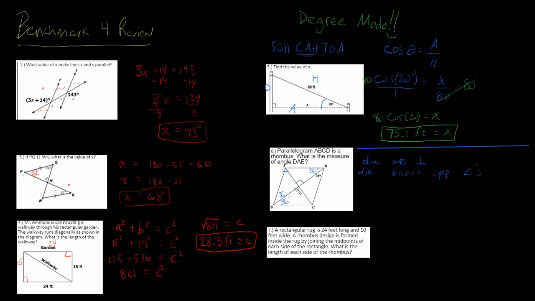Okay, this is a right angle. Right? So what it comes down to is, well, we have a little triangle here, and we're just missing one of the angles. So we can do 180 minus 90 for the right angle, minus 36 for the angle that we know, and whatever's left, well, that will be angle DAE.